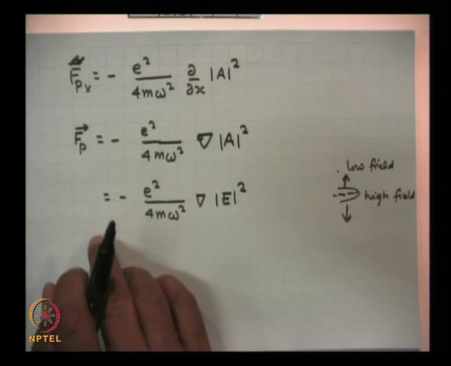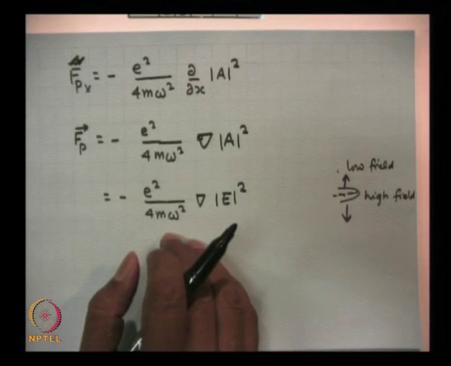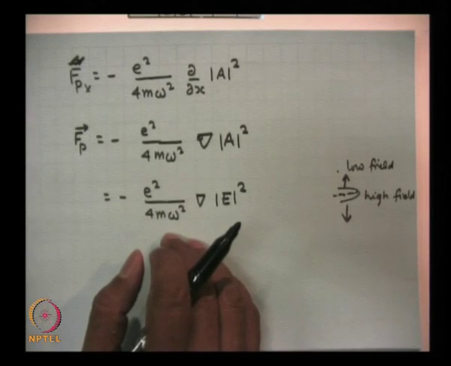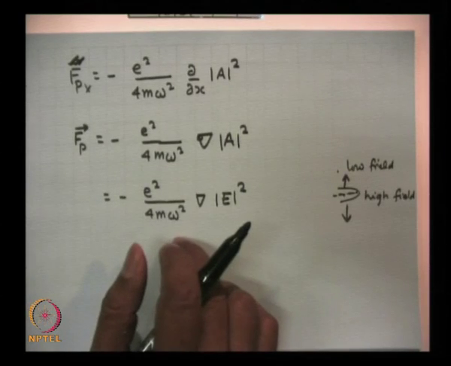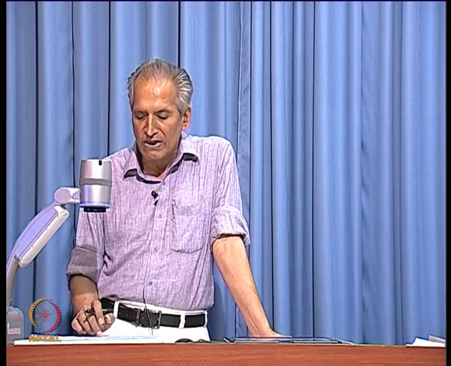Here I have calculated only the time average part of this ponderomotive force. If you had calculated the time dependent part, this is responsible for harmonic generation, which is another important nonlinear effect.